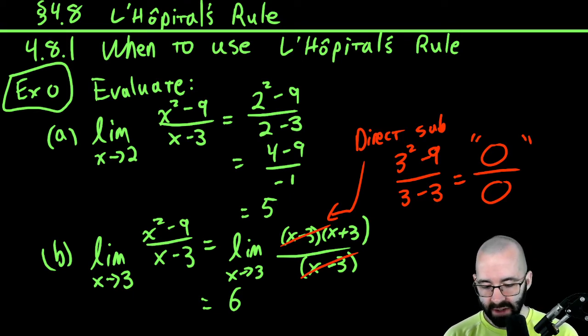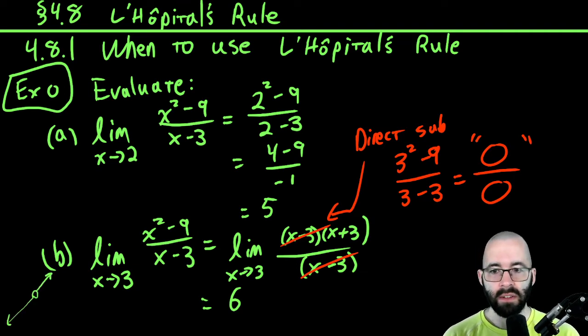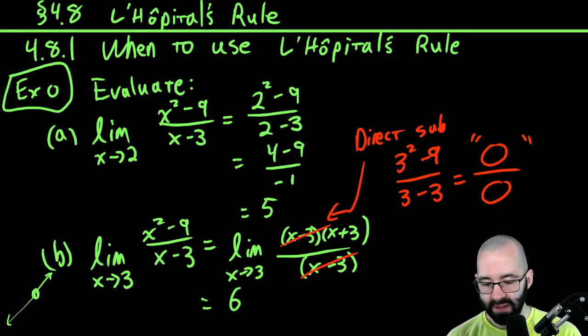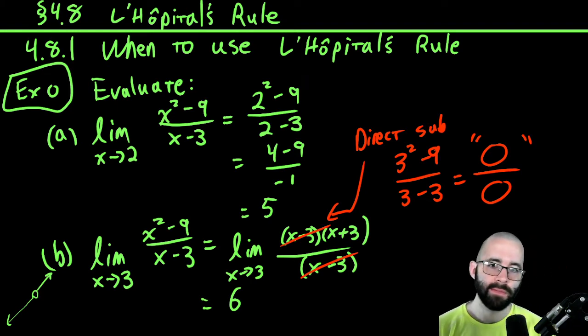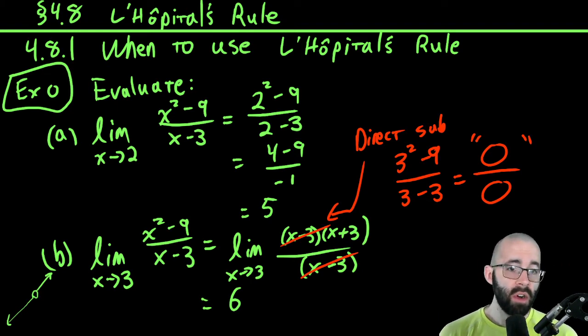All right, this second function is just the line x plus 3 with a hole in it. This is just the line that looks like this. So the limit at that point is actually the value at the hole. Okay, and later on, we can also use L'Hopital's rule on a problem like this.